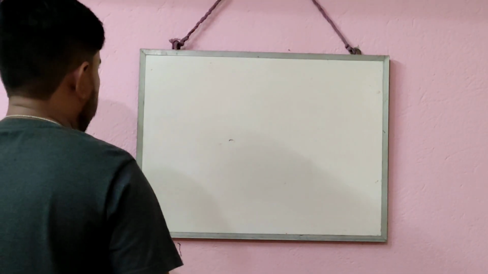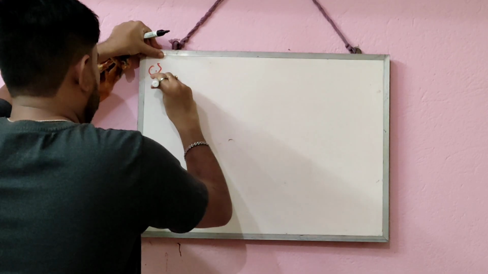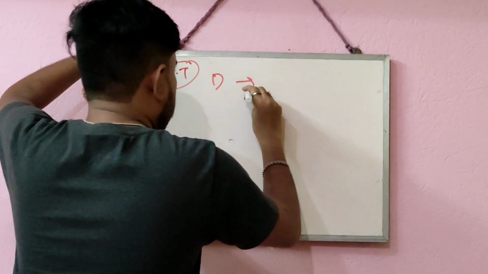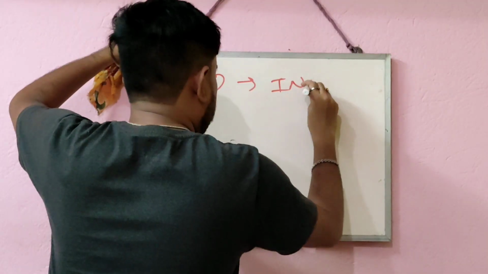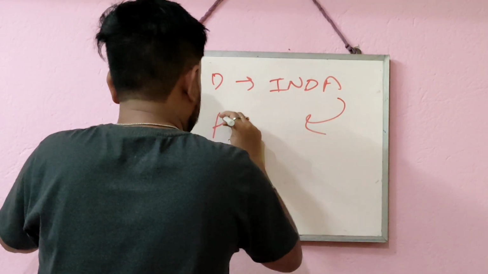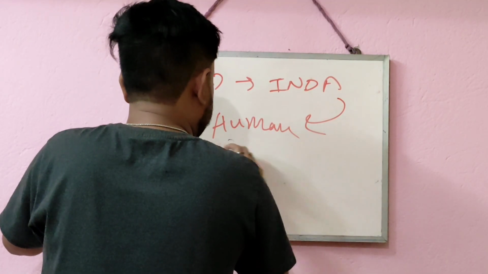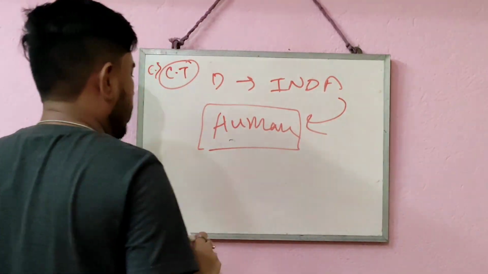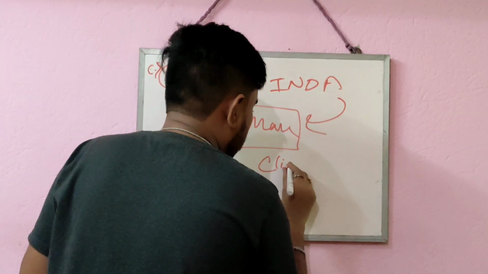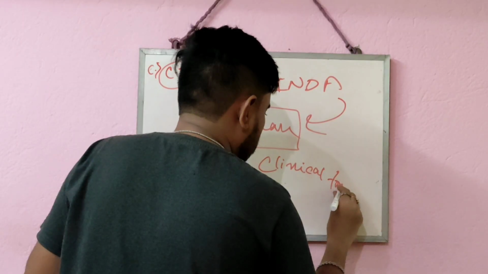The next step after IND approval is clinical testing. So when the drug gets investigational new drug application approval, that drug can be tested in human volunteers. And that testing in human volunteers of a particular drug comes under clinical trials.